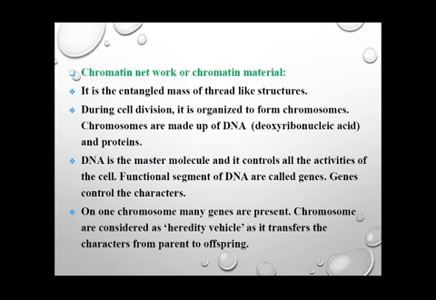Students, I told you yesterday that the nucleus divides. Cell division can be mitotic cell division or meiotic cell division. This we will be studying later in this chapter and in detail in higher classes. But for now, during mitotic or meiotic division, or simply during cell division, the chromatin material present in the nucleoplasm organizes itself to form the chromosomes.